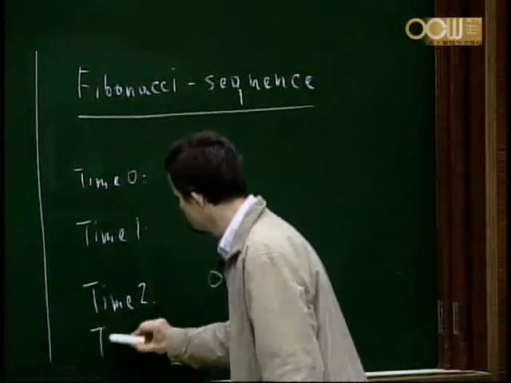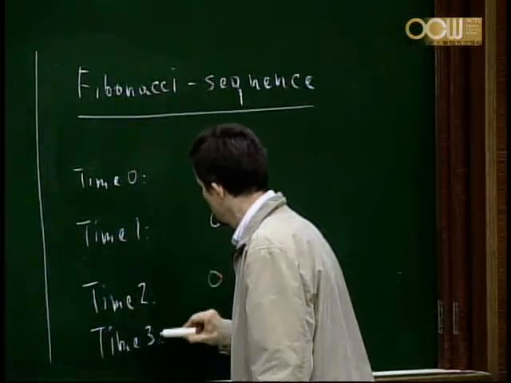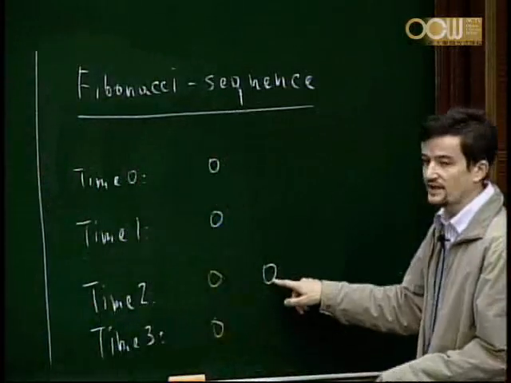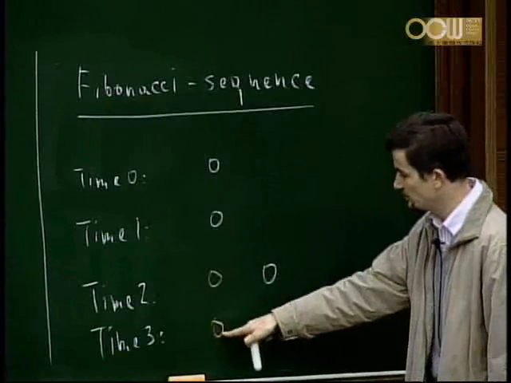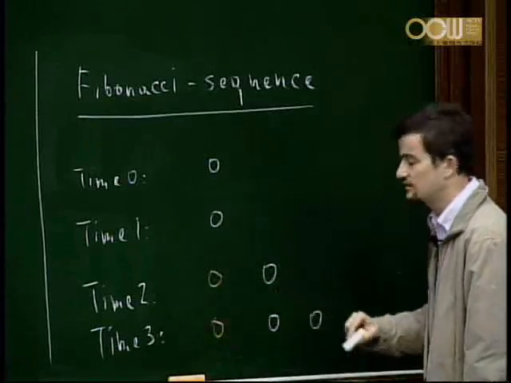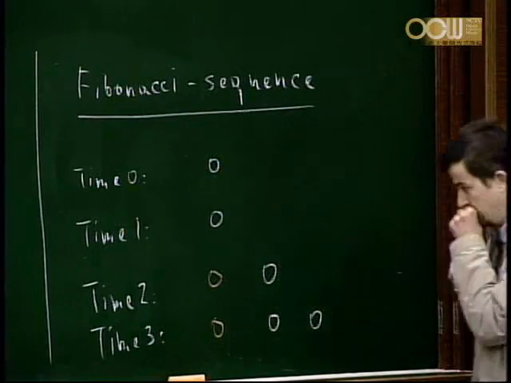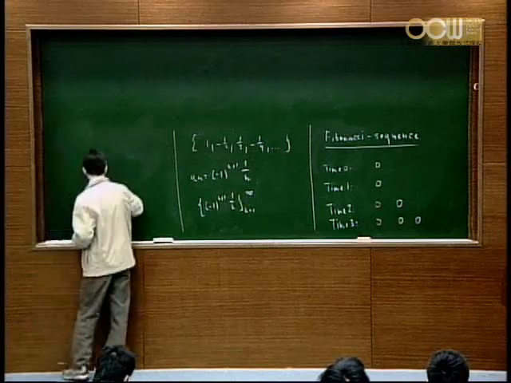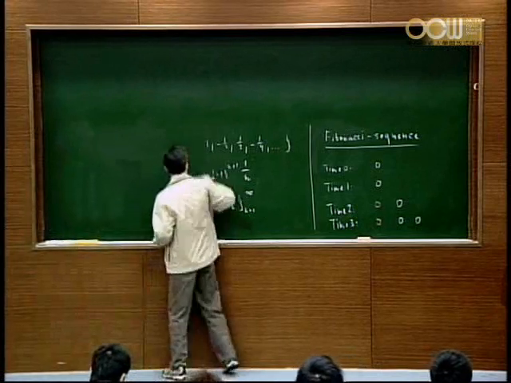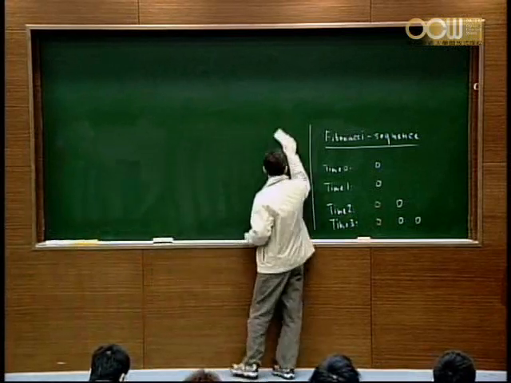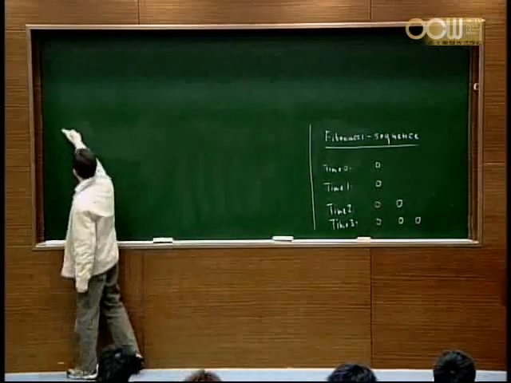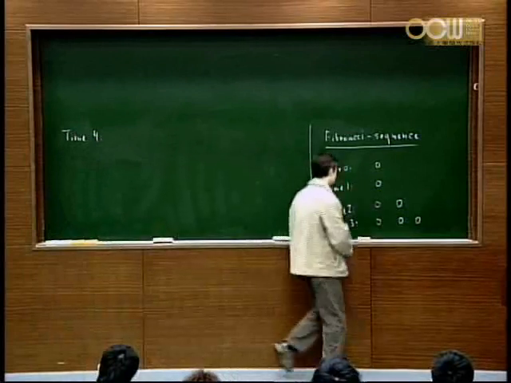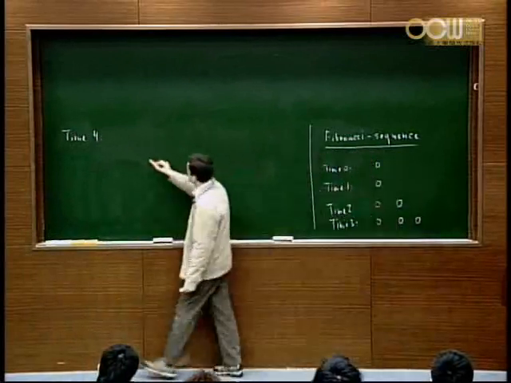Now at time point 3, this one is productive, this one is not productive yet, and this one will produce another pair for this time point. And now the situation at time 4: this one is already productive.